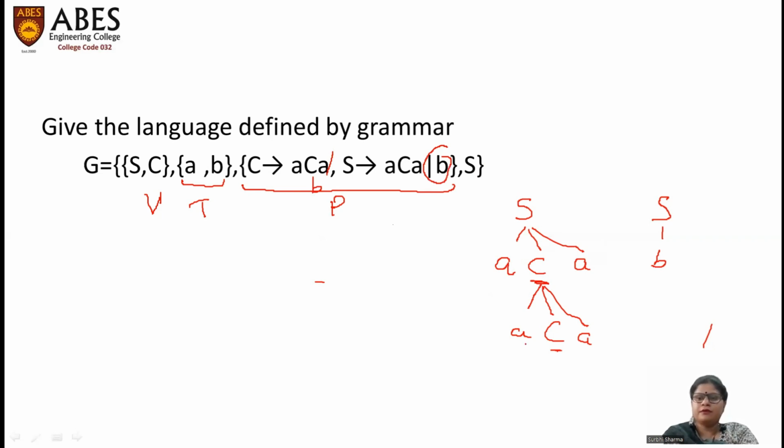Whenever I want to stop this process, I will replace this C with small b. So the string generated is ABAA. Any number of A's will come before b, and the same number of A's will come after b. Right? I hope it is clear how we can solve the problems of CFG.